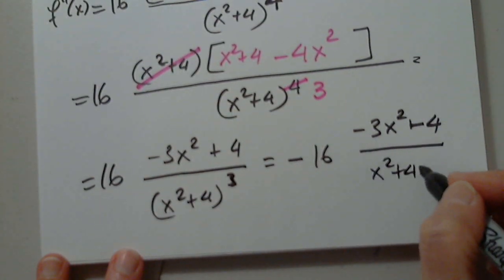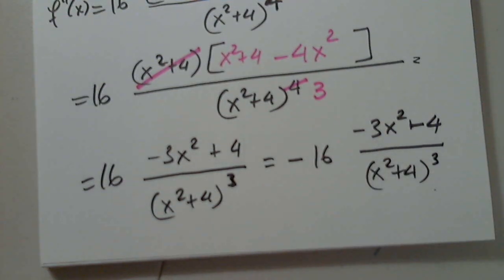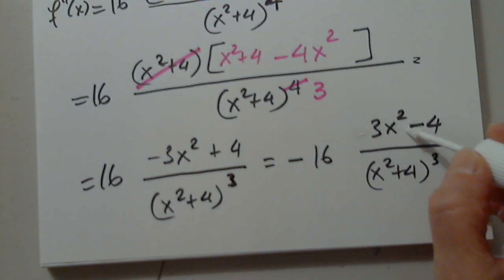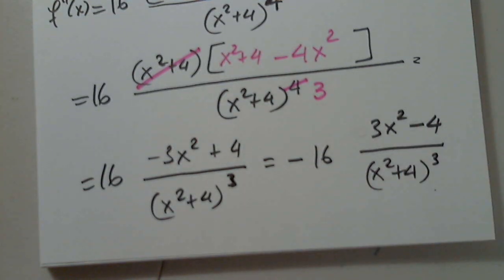That's what happens when I talk too much. I just said that. I just took it out. Sorry about that. Okay. So I pulled out a negative 1. So that's why we have positive 3x squared and minus 4.